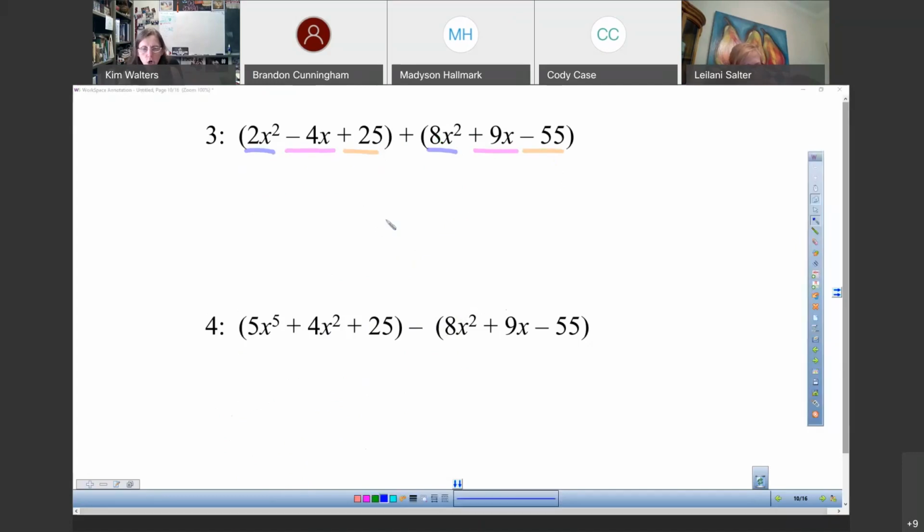So we're going to start with the x squares. 2x squared plus 8x squared is going to give me how many x squares? Somebody tell me how many x squares I have. I need a number. 10. Thank you very much. So I have 10x squared, right? How many x's do I have?